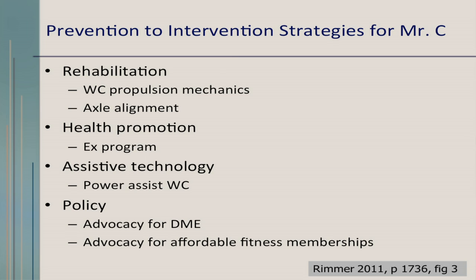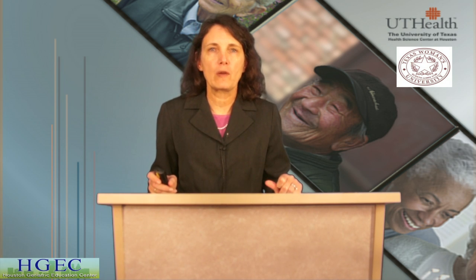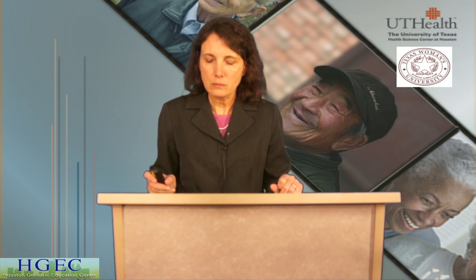There is much research on proper arm position relative to the wheels, where the wheels are placed, how high the wheels are, where the person accesses the wheel, and the axle alignment related to the wheelchair and the person's body position in the wheelchair. So he probably needs to get this reassessed.